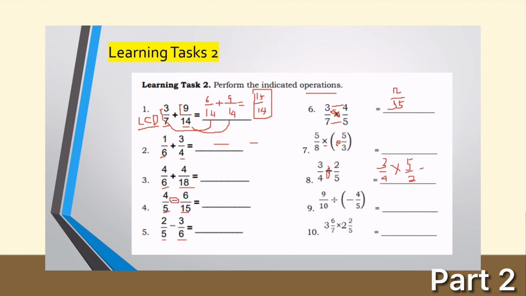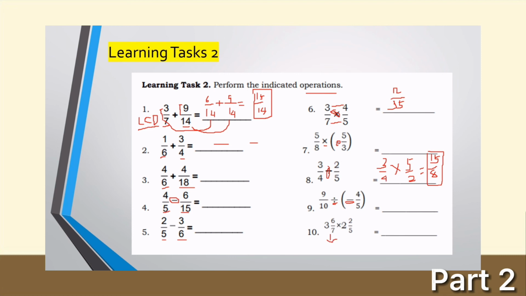So, following the rules in multiplication of fractions, we have 3 times 5 is 15. 4 times 2 is 8. So, your answer is 15 over 8. Hayaan ng naka-improper fraction. So, number 9 is also division, but you need to consider the rules in division of integers.